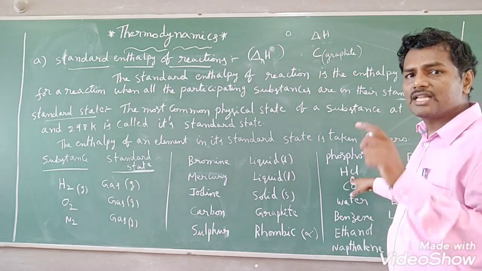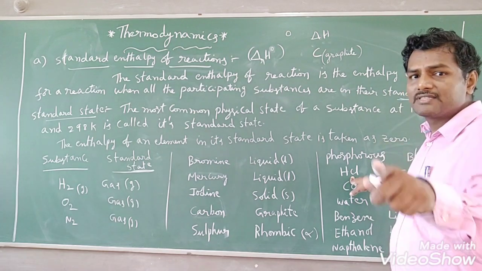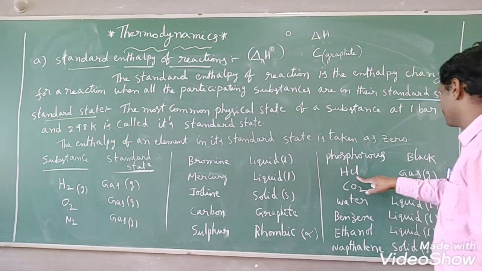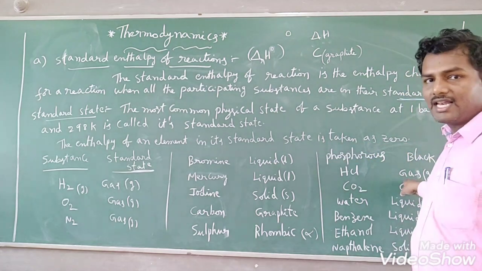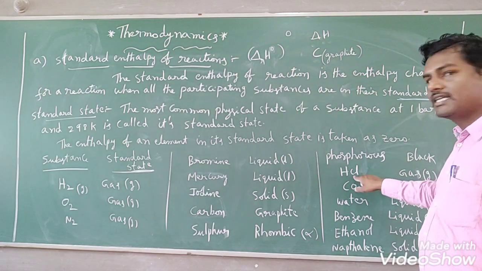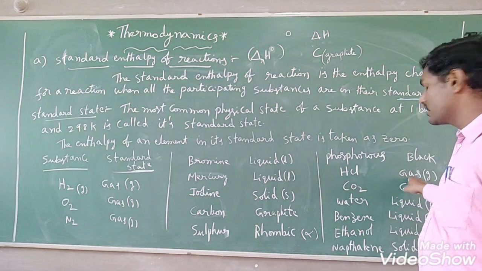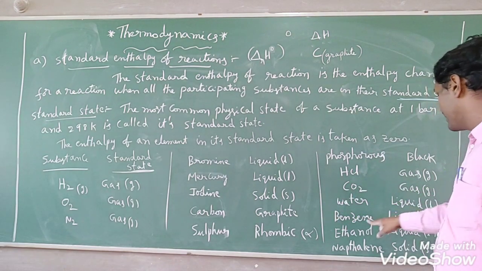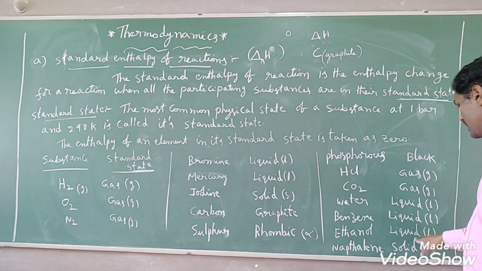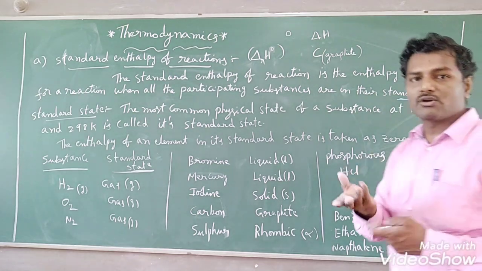I am just going to tell you the most common physical state. The most common physical state of HCl is what here? Gas, not a liquid. Generally we think it is a liquid, but they have taken gas here. CO2 gas, everybody knows. Water liquid, benzene liquid, ethanol liquid, naphthalene balls solid.